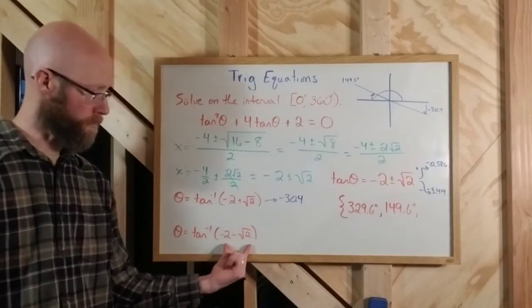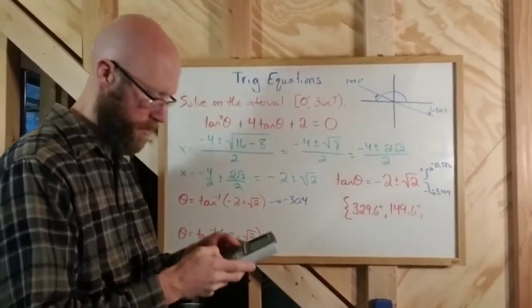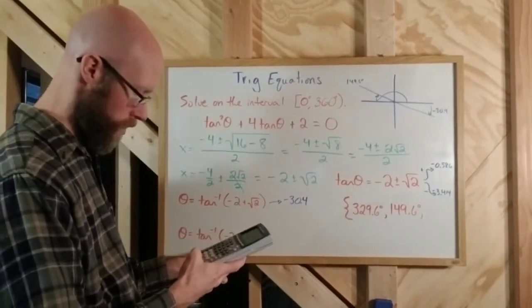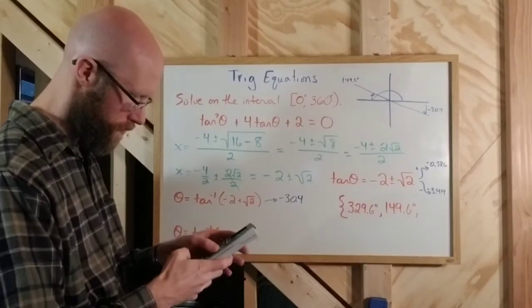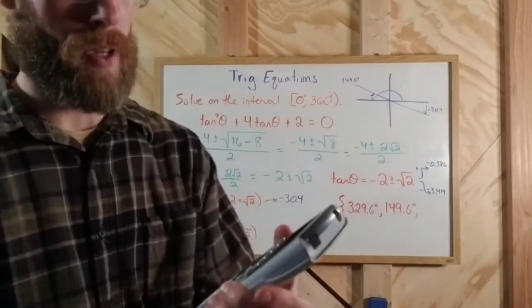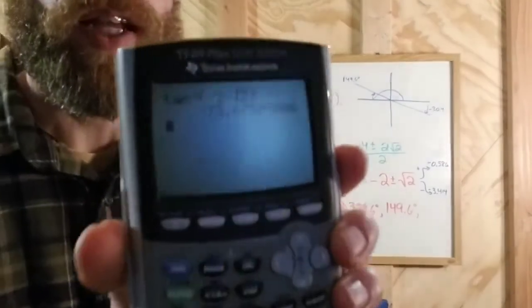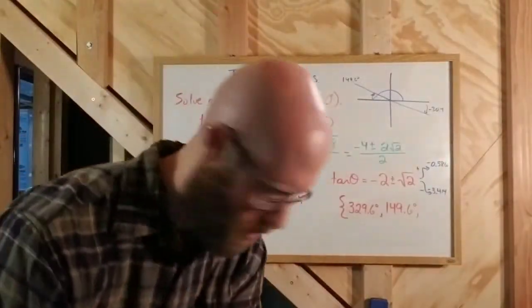Now I want the ones with a minus. I'm going to go to my calculator again, and I type in inverse tangent of negative 2 minus square root 2. That gives me negative 73.7, roughly.